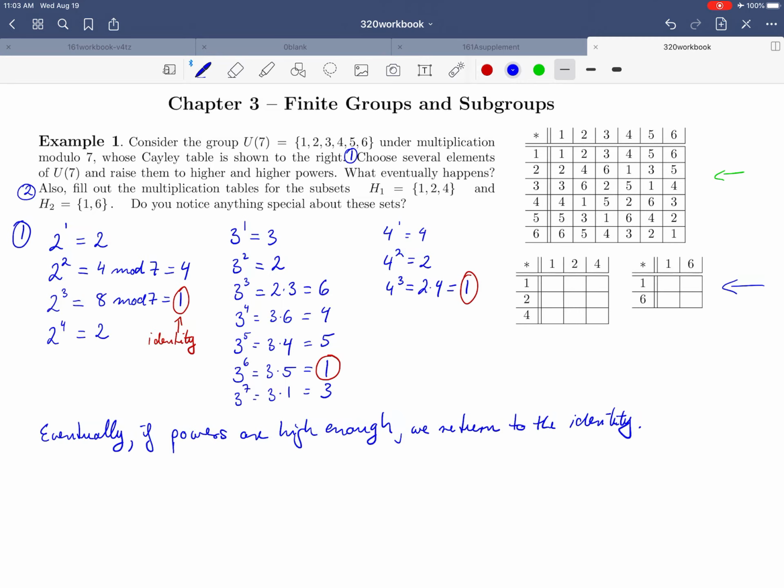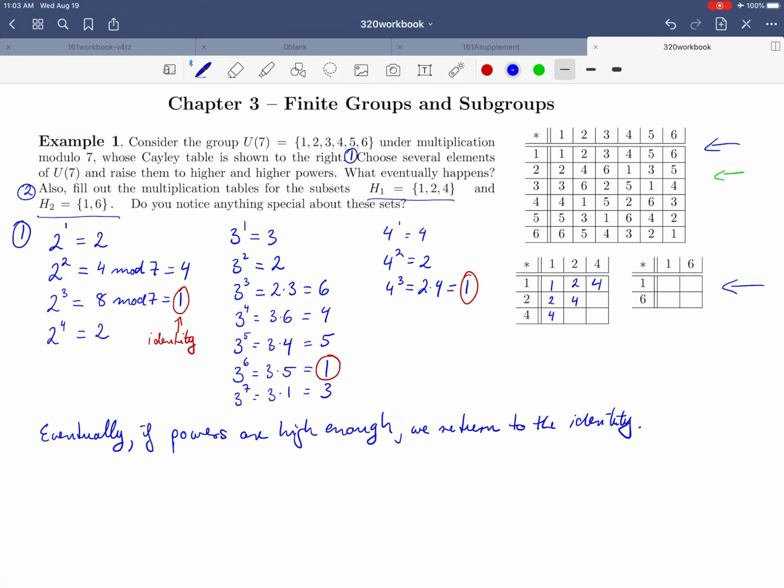Let's move on to our second question and fill in the Cayley tables for the sets H1 and H2. You can actually copy all of those from our big Cayley table, because the operation is the same. So we have 1, 2, and 4 in our first column, and 1, 2, and 4 in our first row, because 1 is just the identity, so it leaves our elements alone.